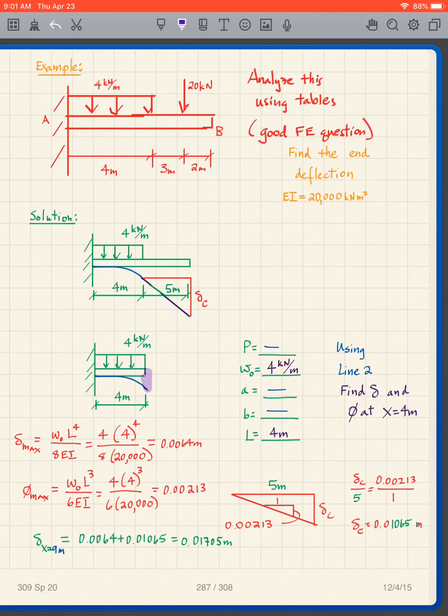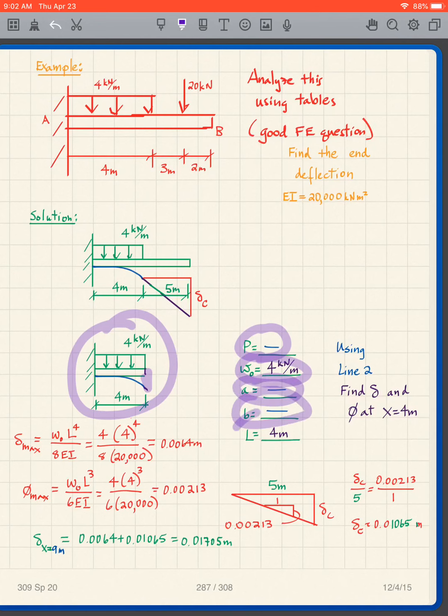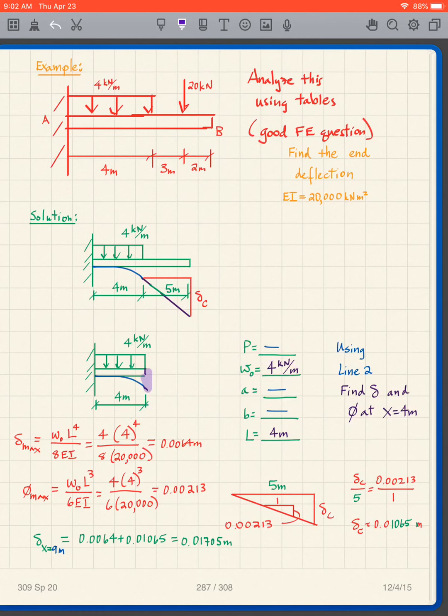So if I look at this, I don't have a P, but I do have a W naught. There's no A, there's no B. The length is 4 meters. I simply plug that into line 2 of the table.